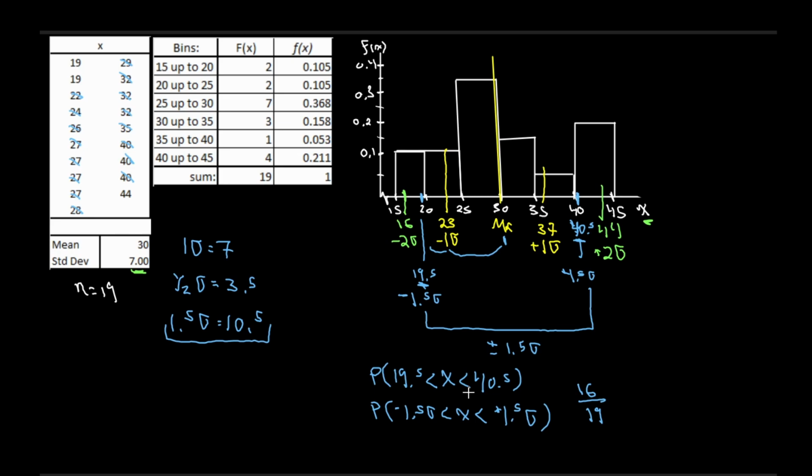So 16 out of 19, what does that give us? Well, that gives us something like 0.842. That is our decimal form. We could say 84.2% of observations fall within 1.5 standard deviations.